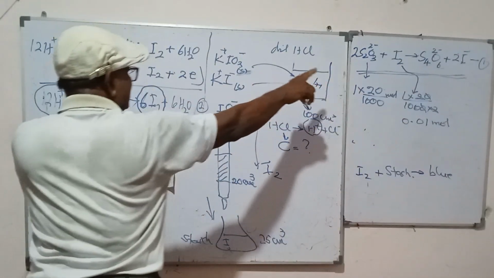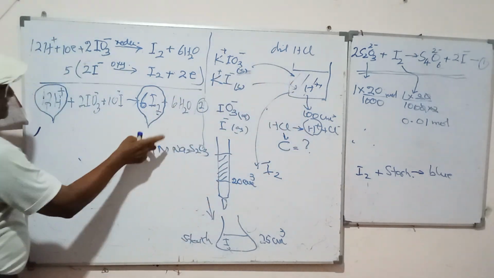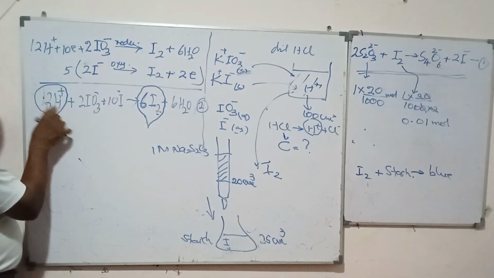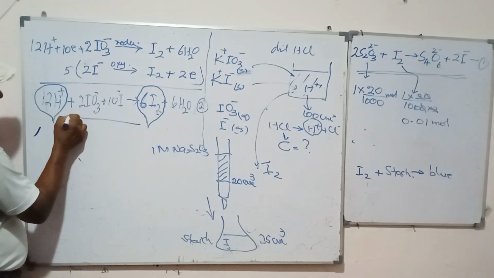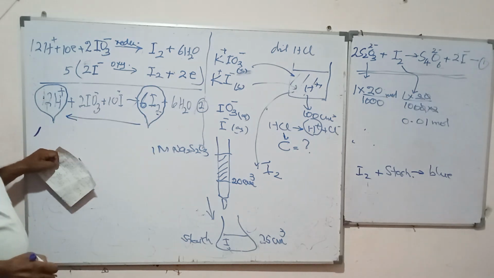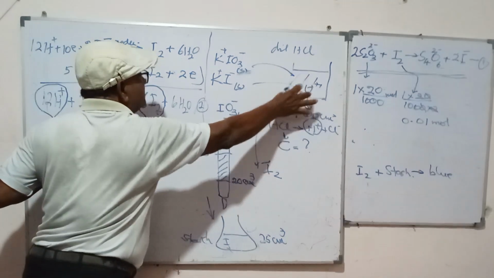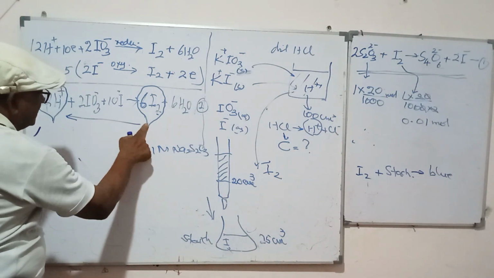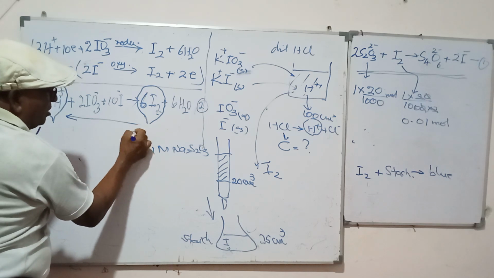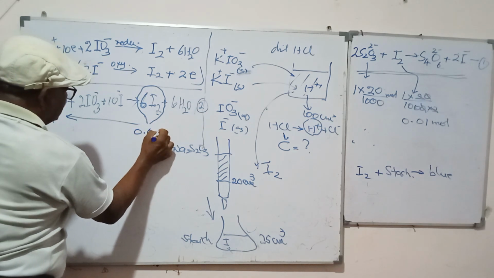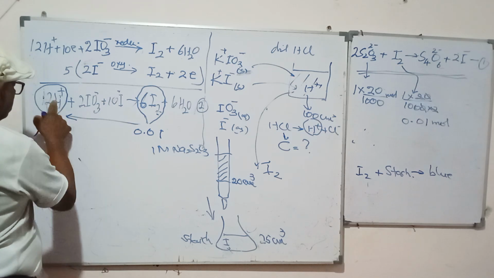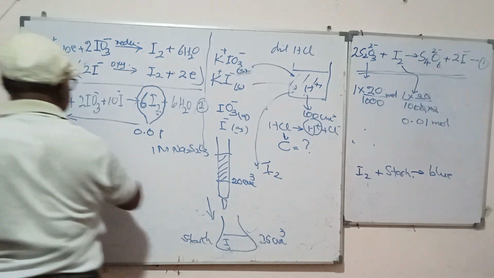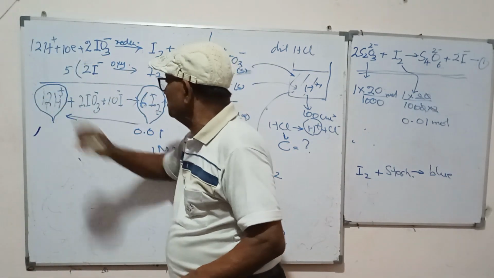Then that I2 amount was formed in this solution. 6 I2 to 12 H plus. This is the relation between I2 and H plus during the previous reaction of this solution. If we know the number of moles of I2 is 0.01, what is the number of moles of H plus? 6 to 12 means 1:2.